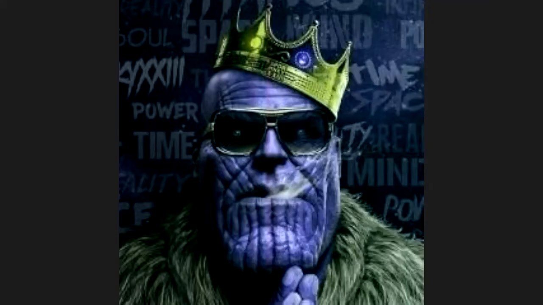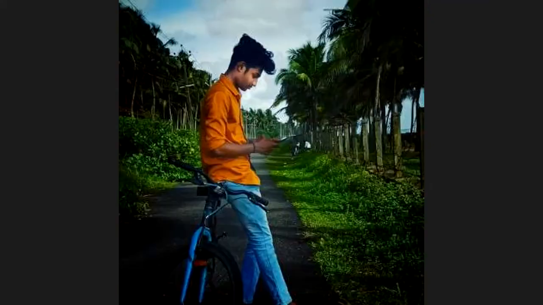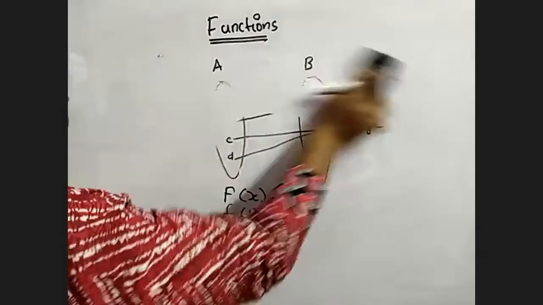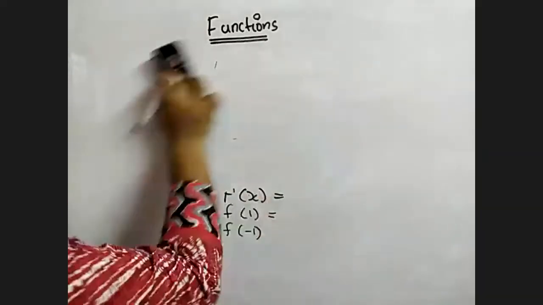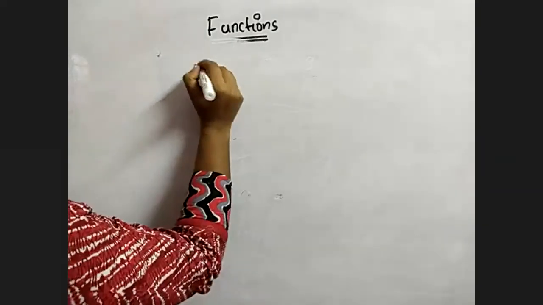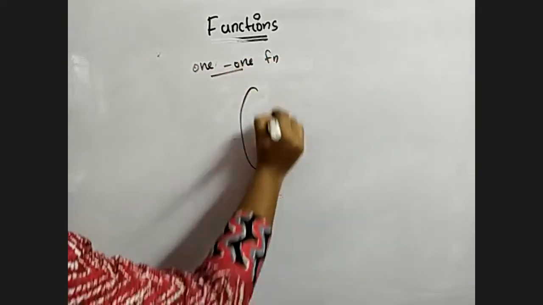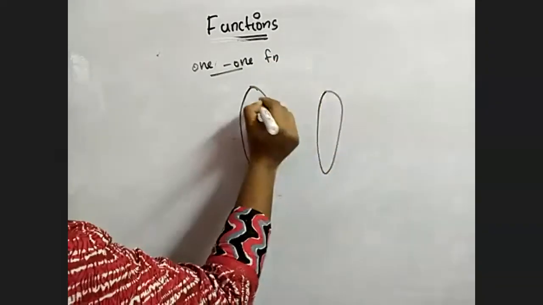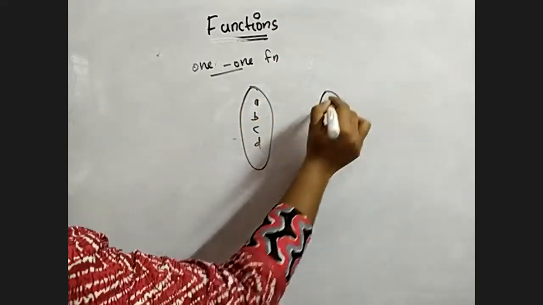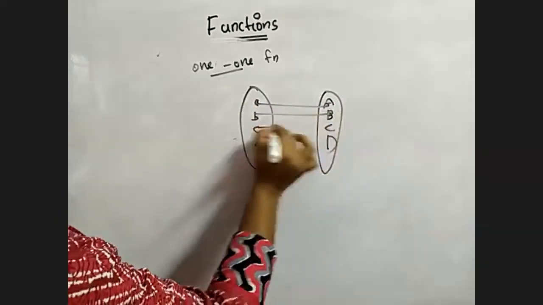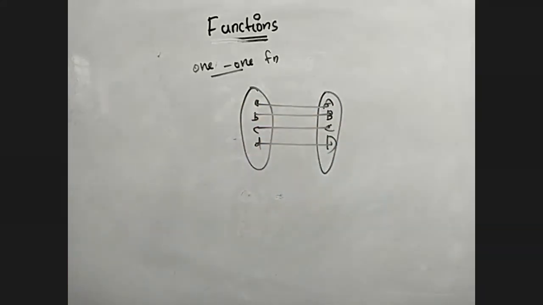Yes, ma'am. Next is one-one function. What is one-one function? Just the opposite. One-one function means each will have a distinct value. If A, B, C, D is there, all will have different values, different images.